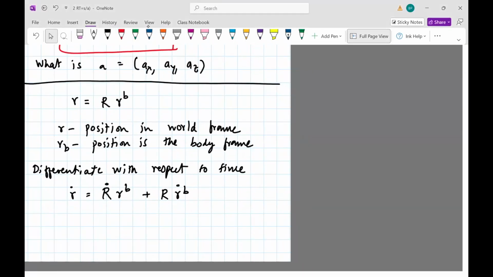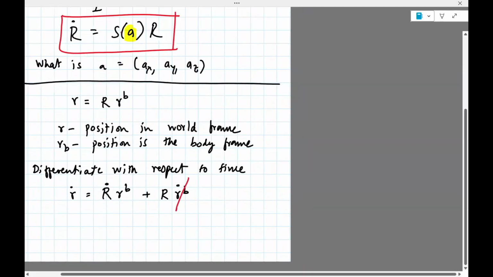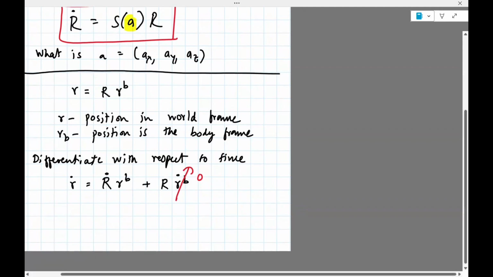But RB dot is 0, because remember that's a vector in the body frame, and that vector is attached to the body. As the body moves, that vector is fixed. It's not going to change with respect to the body. So that's 0. So we're left with R dot equals R dot times RB.